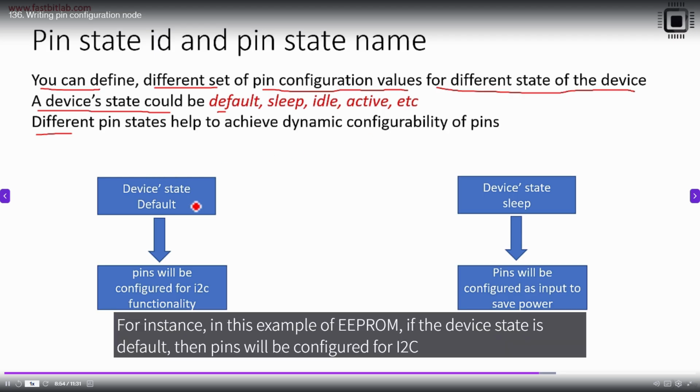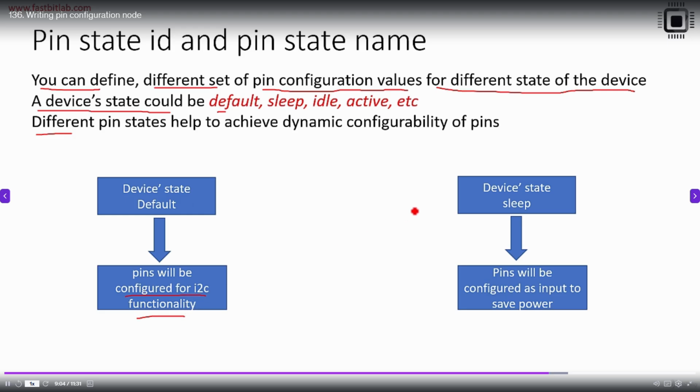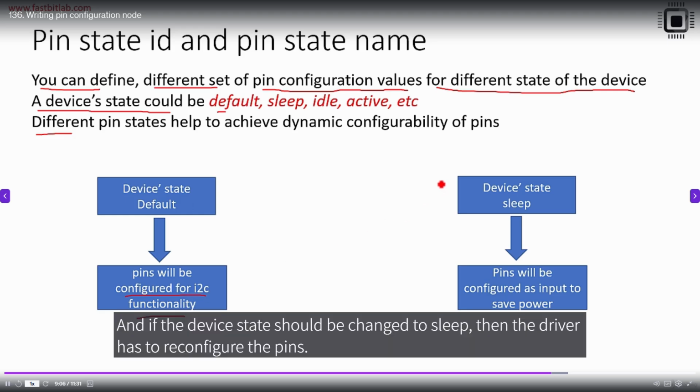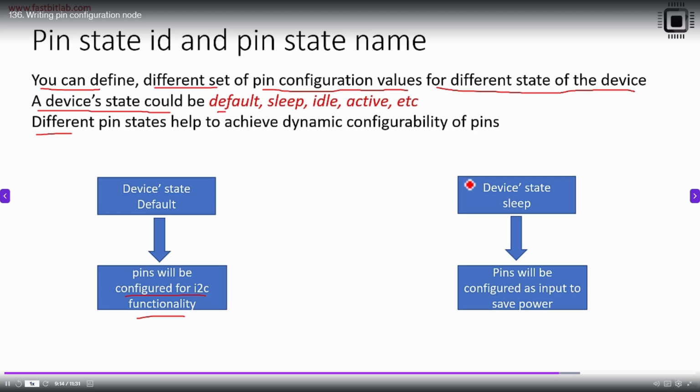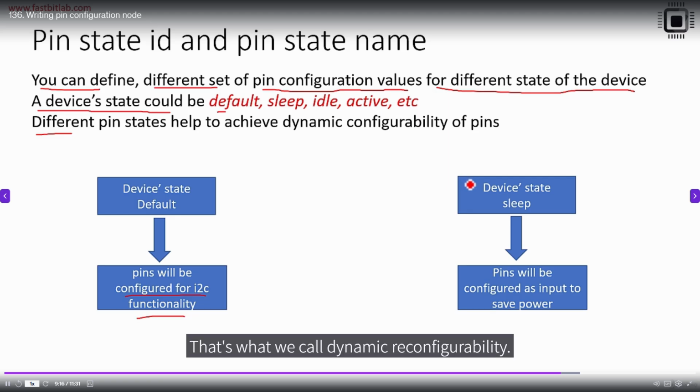For instance, in this example of EEPROM, if the device state is default, then pins will be configured for I2C functionality. And if the device state should be changed to sleep, then the driver has to reconfigure the pins. That's what we call dynamic reconfigurability.